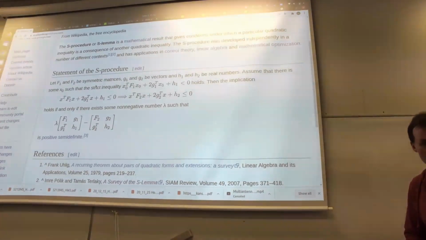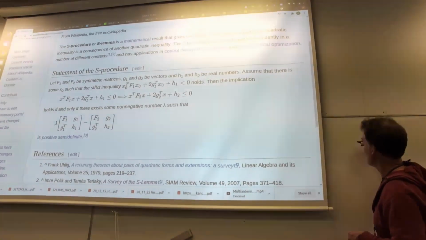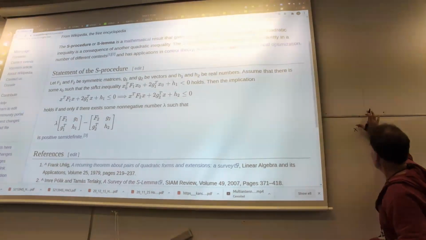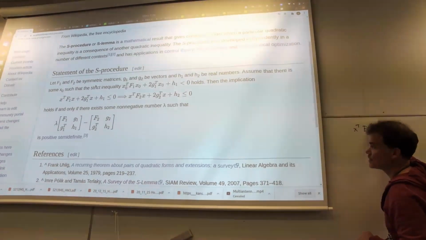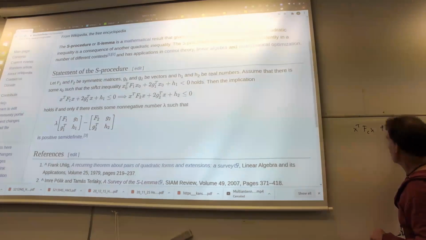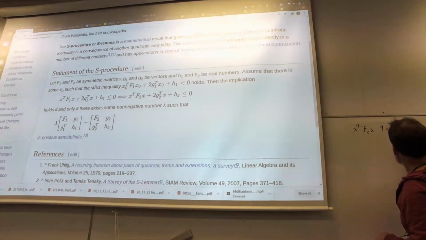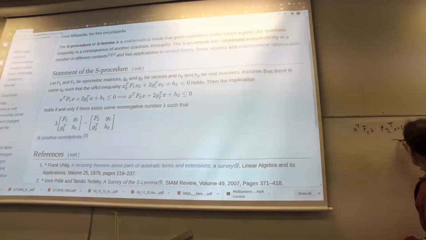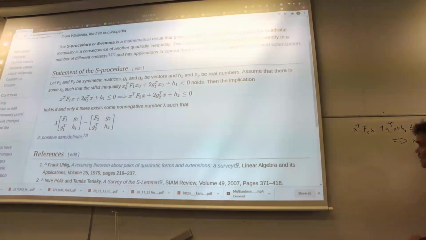Let me write this. Rather, write this x transpose P x. This is for real actually, but it can be extended to complex. Plus 2 times g1 transpose x plus 1 imposes the other quadratic.